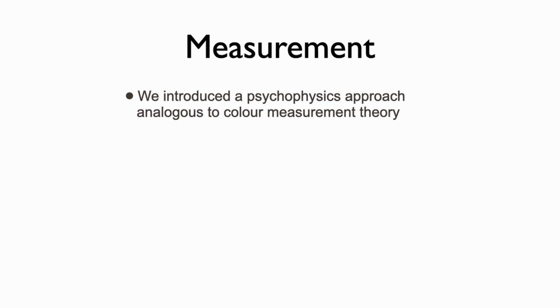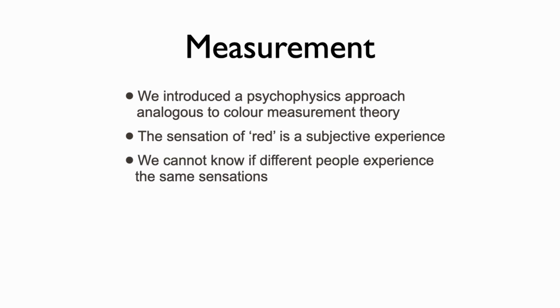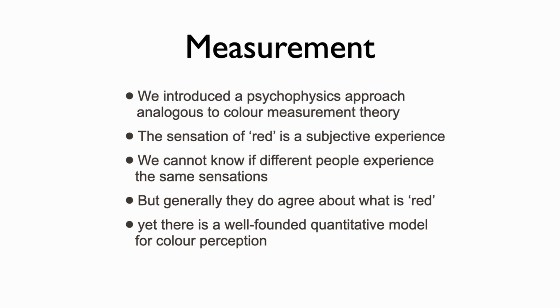Several years ago, we introduced a psychophysics-based approach analogous to color measurement theory. The idea is that the sensation of red, for example, is a subjective experience. We can't know if different people experience the same sensations, but generally they do agree about what's red. And there's a well-founded quantitative model for color perception based on this.